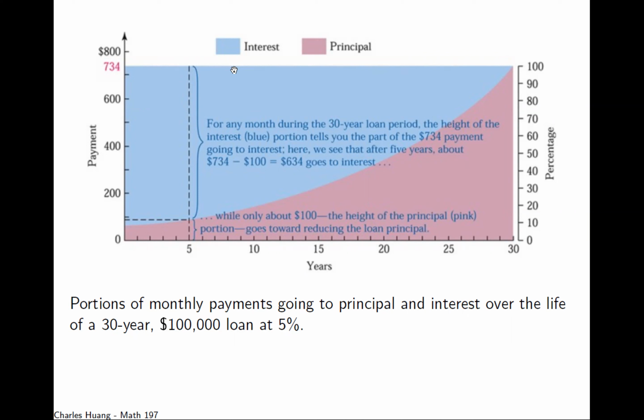So we'll pay $734 all throughout the 30 years every month. And what happens is at the beginning, we owe $100,000. So most of the money that we pay is interest. And we only pay down a little bit of the loan.